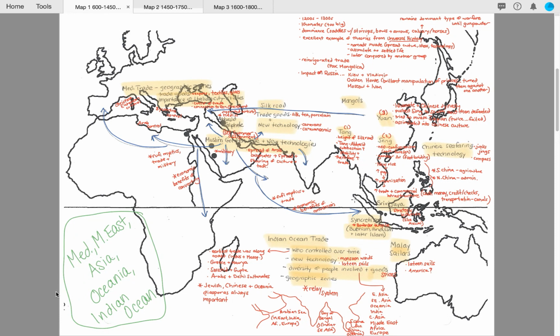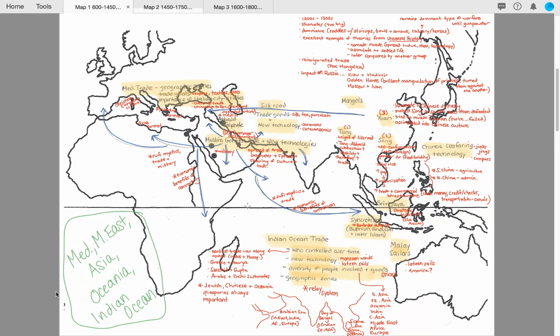For everyone, however, think about why if you're a trader in these other parts of the world, and for example, if you're down here in Srivijaya and you're a Hindu or a Buddhist, what advantage might you have from converting to Islam now that the Islamic empires have grown so large? Same thing is true over here for Africa. If you were part of the native religious beliefs, what benefit might there be in converting to Islam now that the Islamic caliphates have gotten so large?